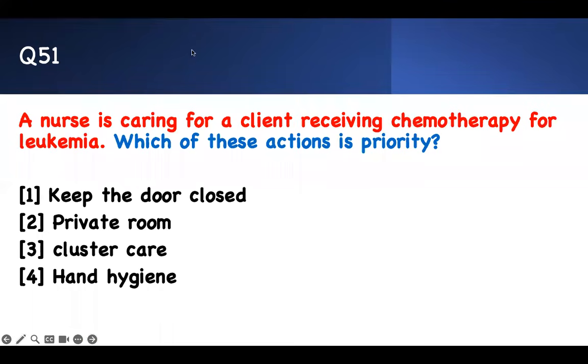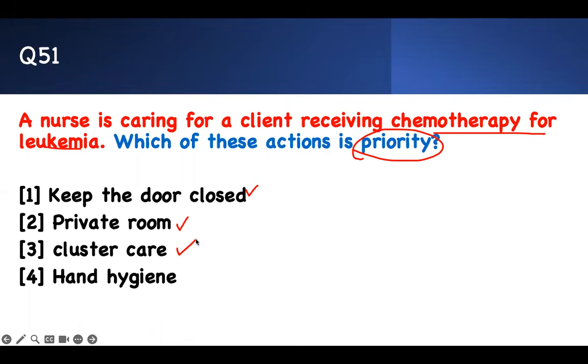Next question. Which of these actions is a priority? A nurse is caring for a client receiving chemotherapy for leukemia. Buzzword. I have chemotherapy. I have leukemia. I'm getting chemo. What do you want to prevent? Infection, infection, infection. Keep the door closed. Okay, fine. Private room, fine.